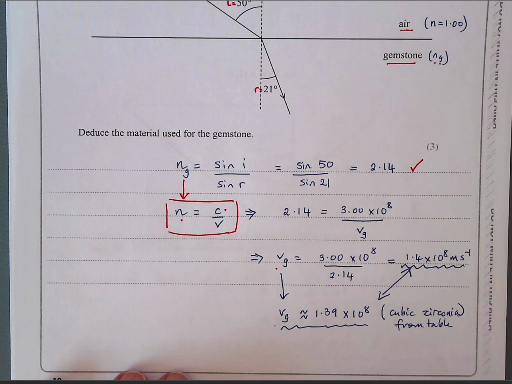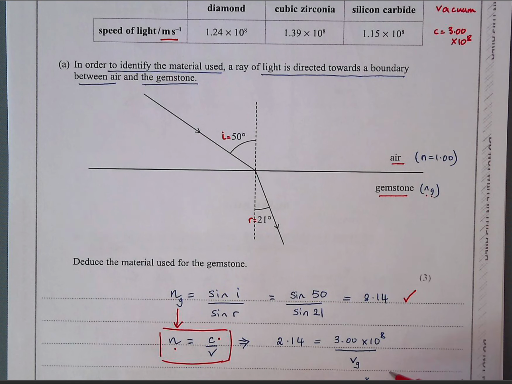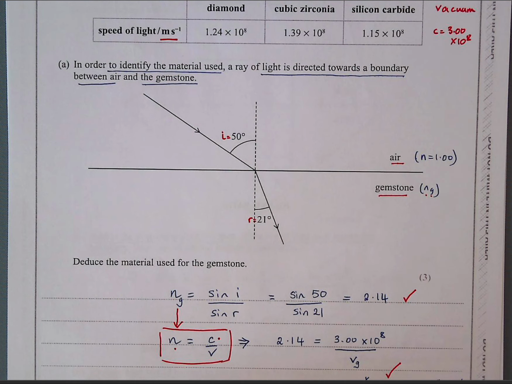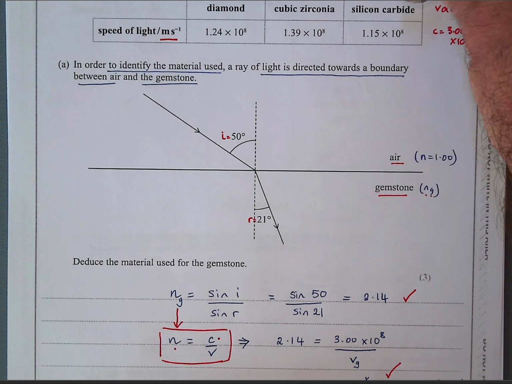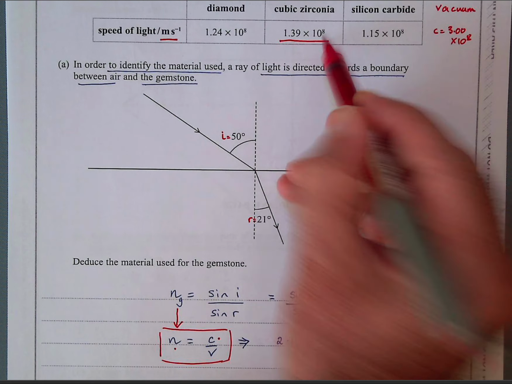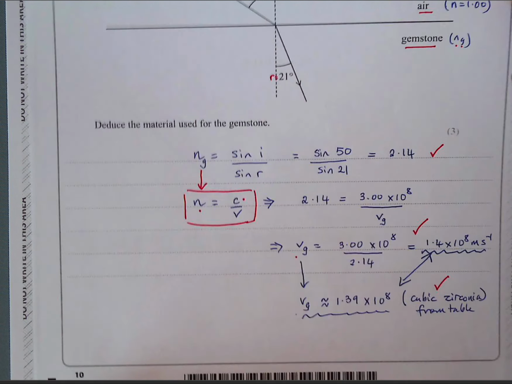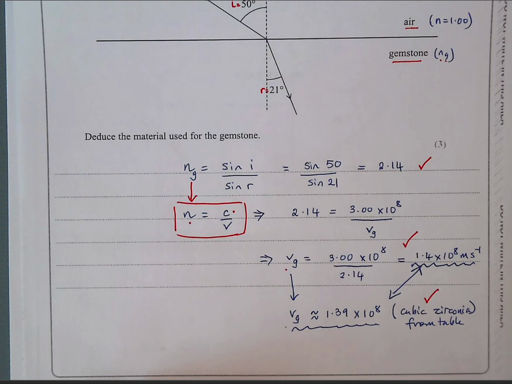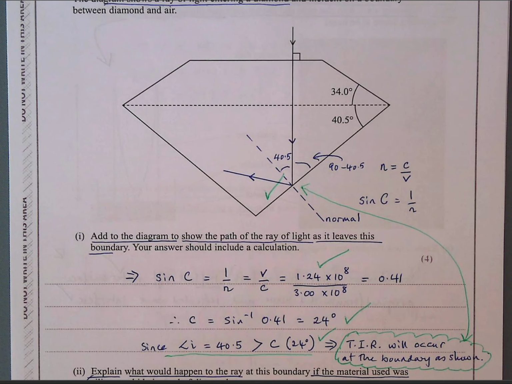The value in the table which is closest to that is the one for the cubic zirconia. The others are way off, therefore you get one mark for doing that and one for choosing the correct answer, being 1.39, which was very close. So that's a 3-mark question on refractive index.